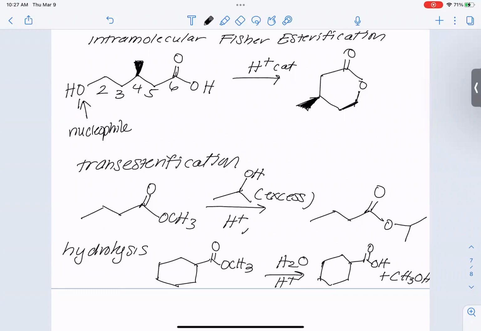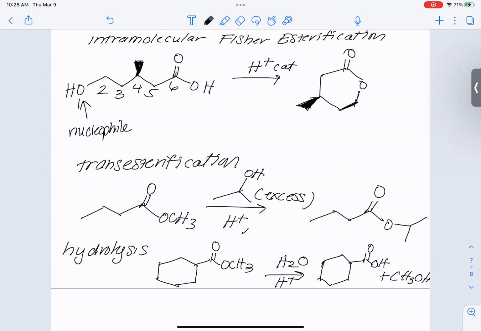You only have to know the mechanism from the forward direction of a Fischer esterification, okay? Does anybody have any questions with this?